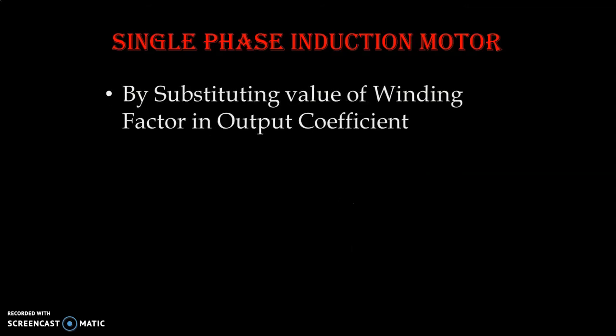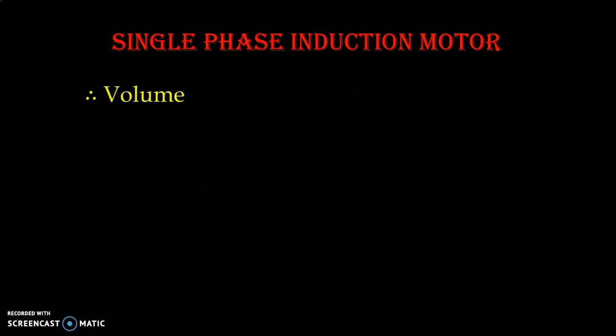Now let us substitute the value of winding factor in our equation of output coefficient. So output coefficient now changes to 11 multiplied by 2 by pi multiplied by specific magnetic loading multiplied by specific electric loading and multiplied by 10 raised to minus 3. We have a volume that is the product of D square and L, known as D square L, which is the size of the machine.